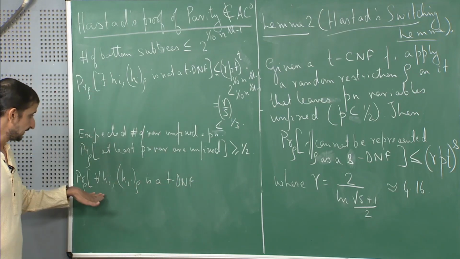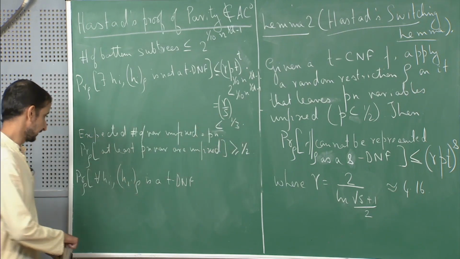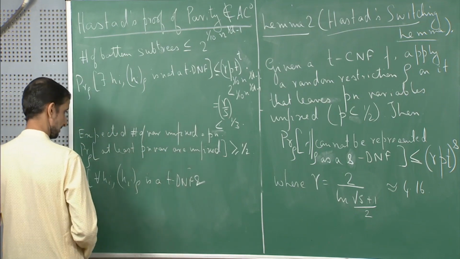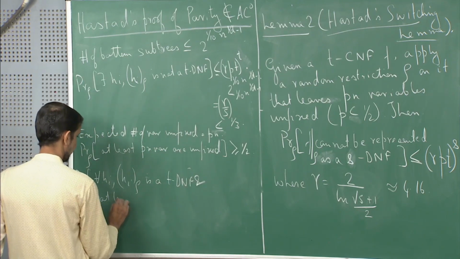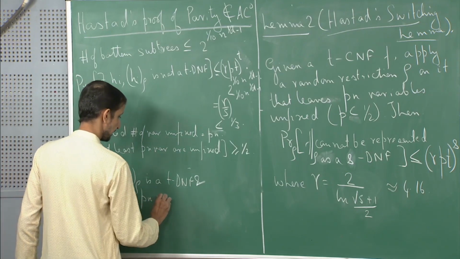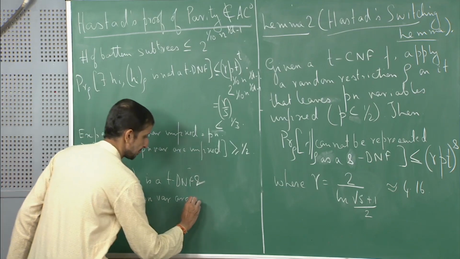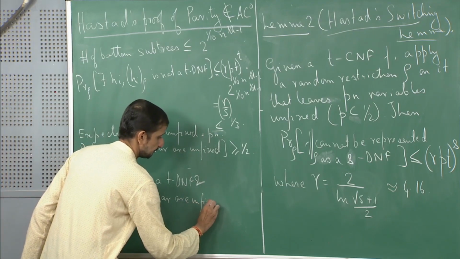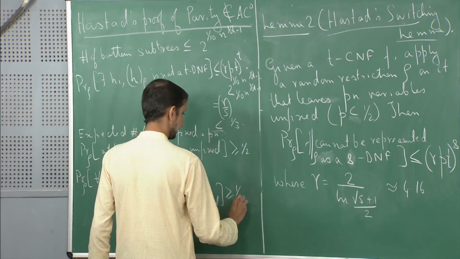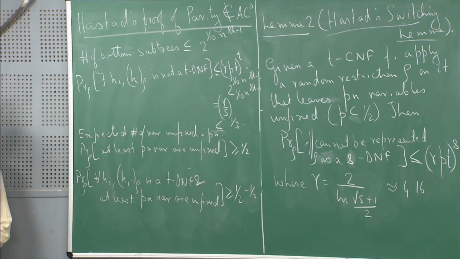Note that the probability of this is 1 minus 1/3, which is greater than 2/3, and at least p n variables are unfixed is greater than half minus 1/3.